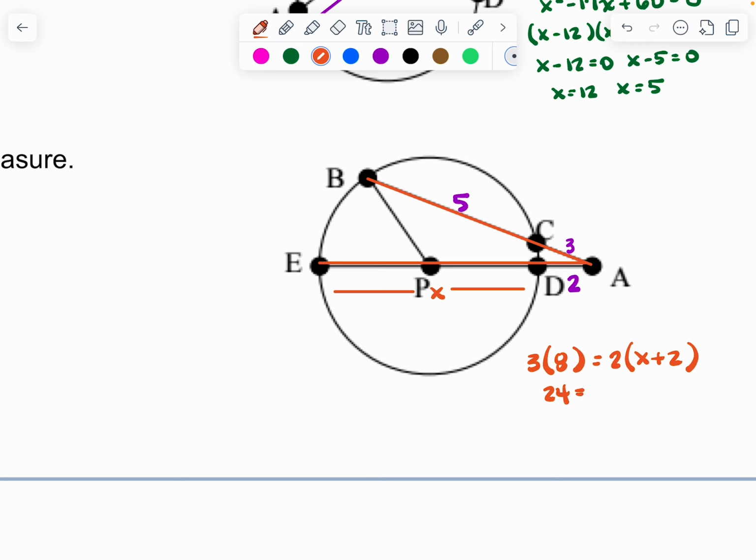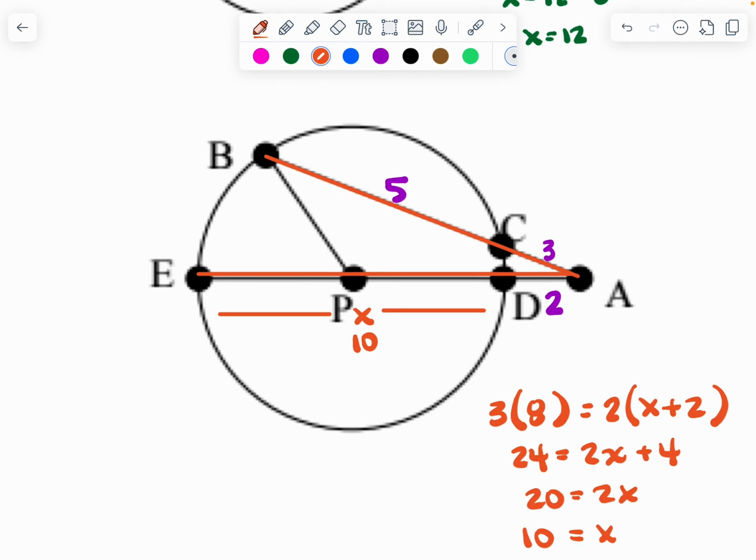And that's a really quick algebra equation, right? So we're going to distribute our 2, 2x plus 4, subtract the 4, divide by 2, and we get 10. So this is 10. But we don't want to let it pass us by, recognizing that ED is not just 10, but it's also a diameter.